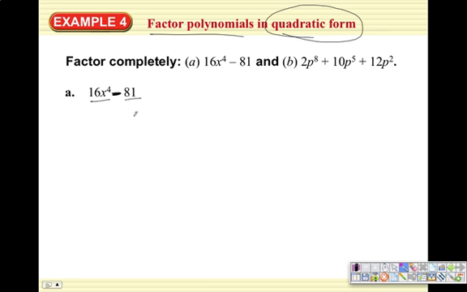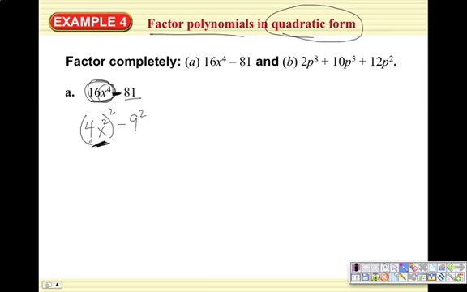Well, I know 81 is a square. That's 9 squared. 16 is a square. That's 4 squared. And x to the 4th is a square. X squared, squared. So all of this in the parenthesis right here, squared, gives me 16x to the 4th. So 16x to the 4th, this guy right here, is a square.